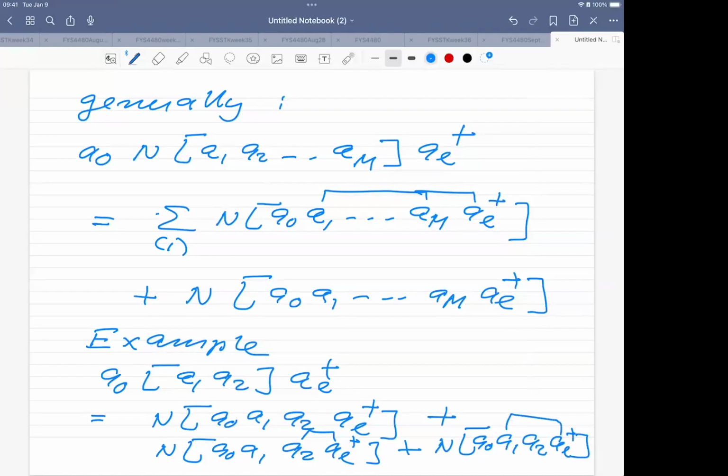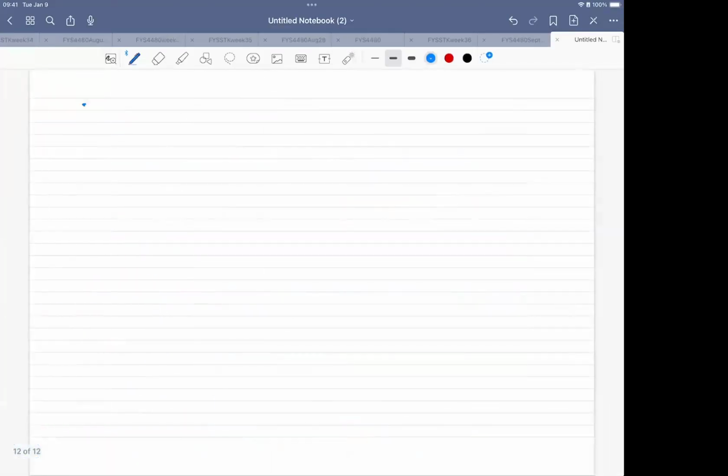So I will have this one. And finally, I'm going to get the last one, which is N, A0, A1, A2, AL dagger, which is this one.